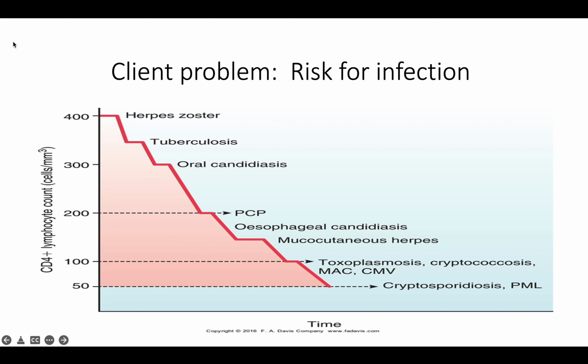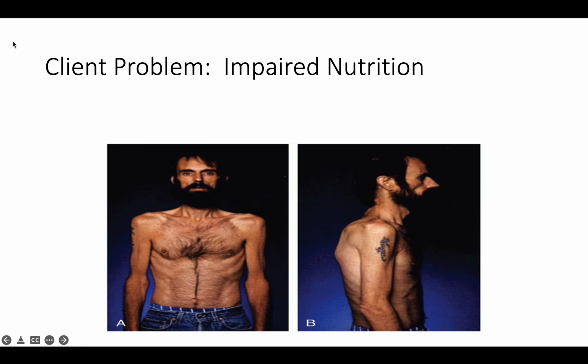It's also important to talk to family members about the importance of vaccination as well, so that they can protect their loved ones. Remember the neutropenic precautions? Immunizations of family members can be a part of that, mitigating the risk for infection. Our patients with HIV can also experience an impairment in nutrition.